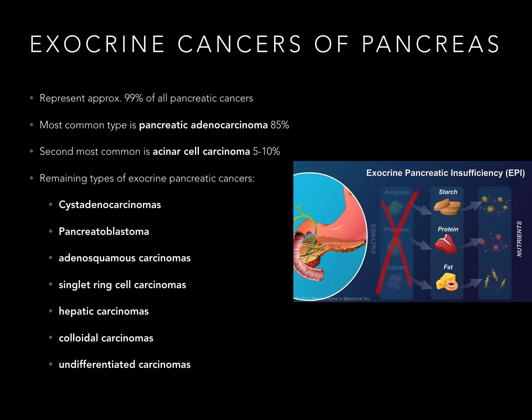The remaining types of exocrine cancers of the pancreas include cystadenocarcinoma, pancreatoblastoma, adenosquamous carcinoma, signet ring cell carcinoma, hepatoid carcinoma, colloid carcinoma, and undifferentiated carcinoma.